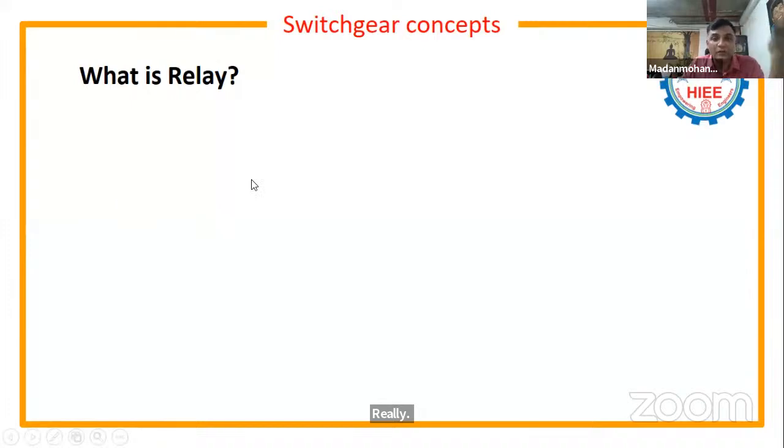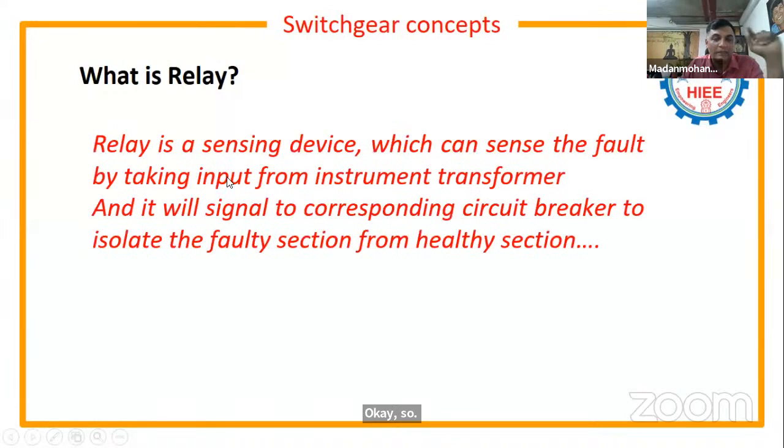The relay concept is a huge concept. Generally, the relay is a sensing device. You have to understand one thing. Breaker is the switching device. Breaker is not the protection device. Breaker is only a controlling device.